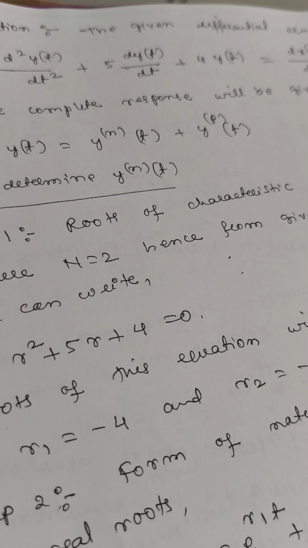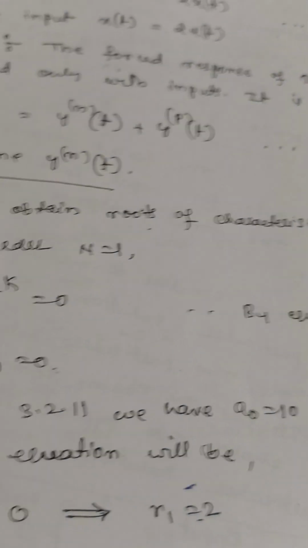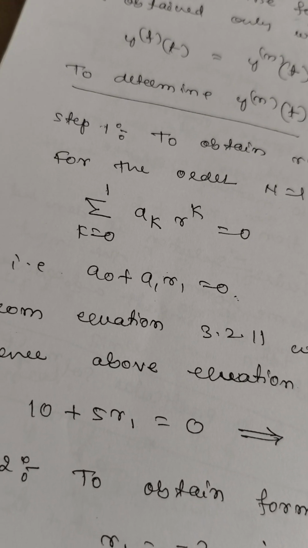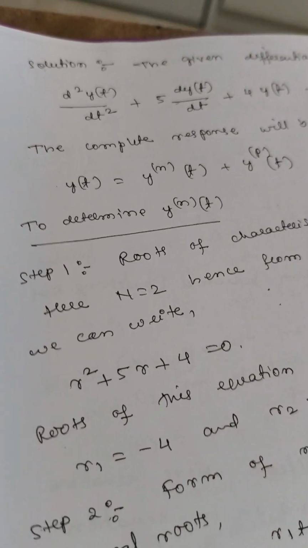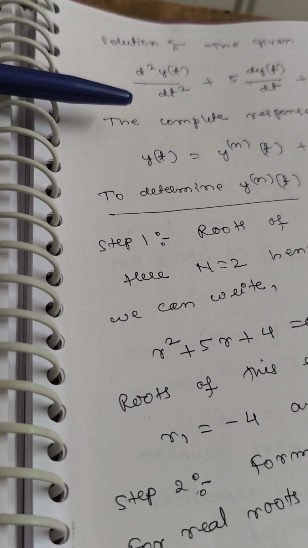In the previous class, while determining the roots of the characteristic equation, this is the equation we used. From this equation we find the characteristic equation, r square, because here d square y has coefficient 1.